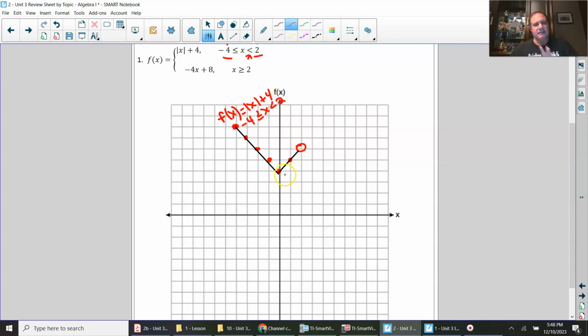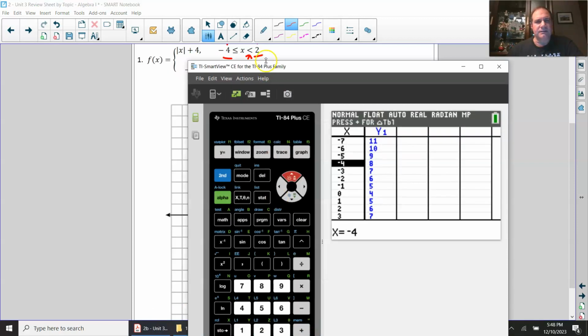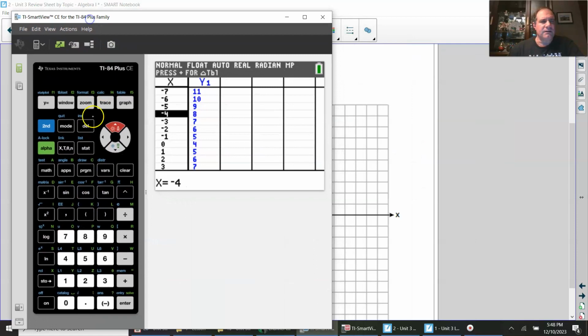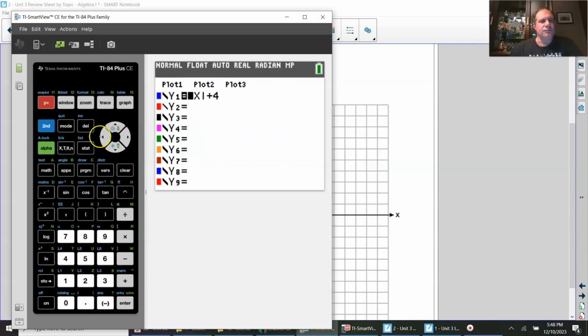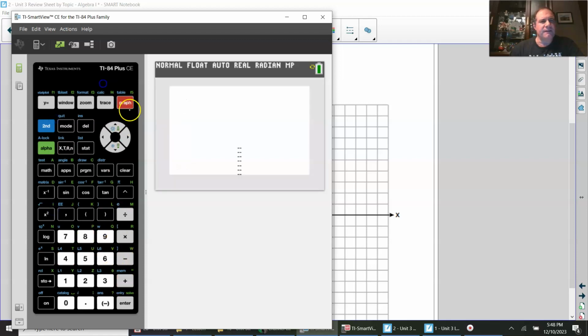So that's the graph of the piecewise function that I need. Now this is linear, so it's a little bit easier, but you could still use your calculator. It's -4x plus 8. I'm just going to put this over here, and I'm going to go to this and clear it out. -4x plus 8 is what I'm graphing, and that is my line.